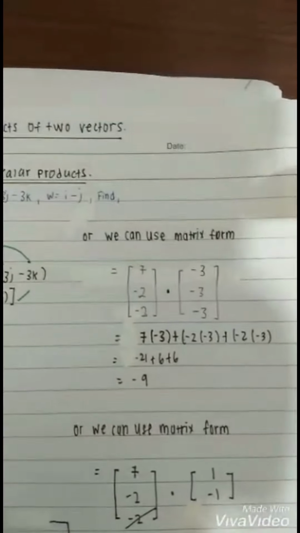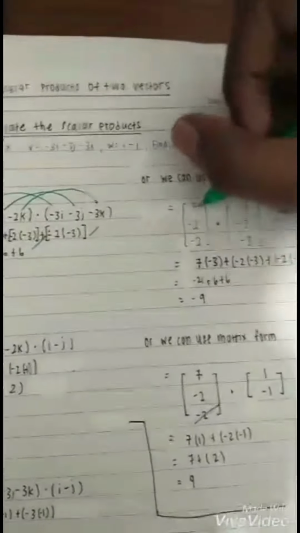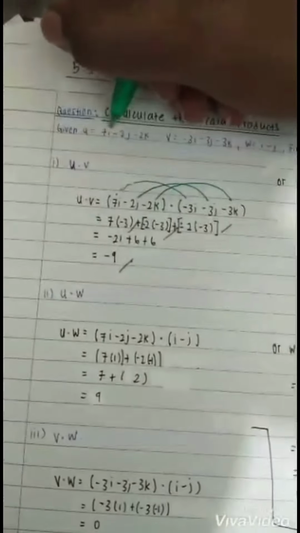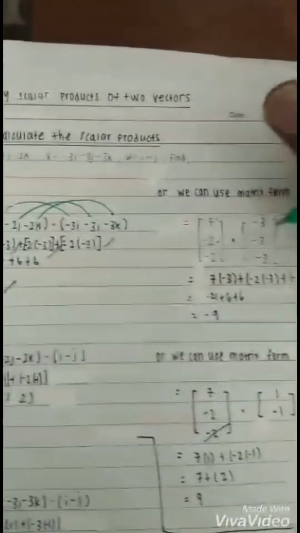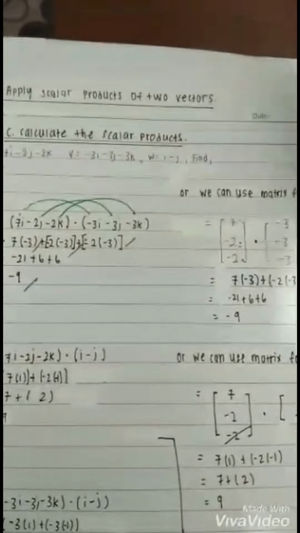There's one more formula we can use, the matrix form. We write here 7, negative 2, negative 2, because u is 7i, negative 2j, negative 2k.